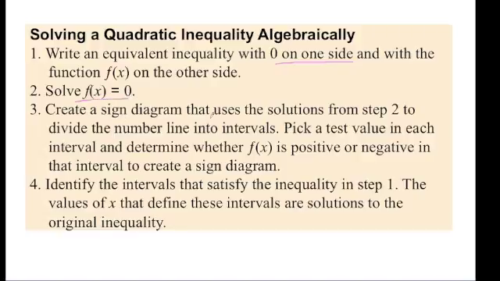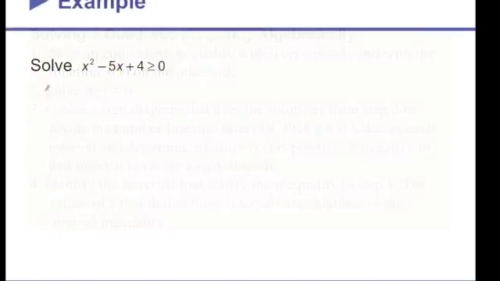You create a sign diagram, use the solutions from step 2 to divide the number line into intervals, pick a test value in each interval, and determine if it's positive or negative in that interval to create a sign diagram. And then you identify the intervals that satisfy the inequality we made up here with 0 on one side by itself. We'll try that.